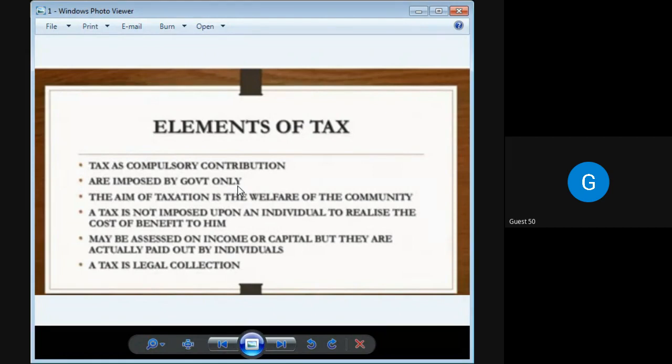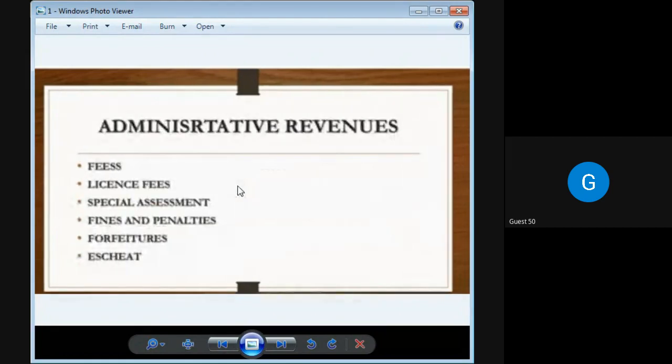Okay. Now the source of income of public revenue is tax, and the other source of public revenue is administrative revenues. So, what are the administrative revenues? First one is fees.